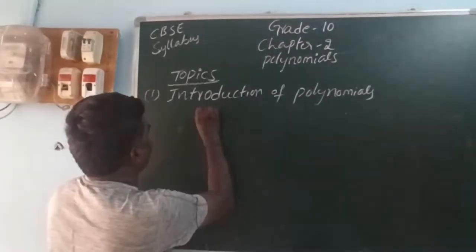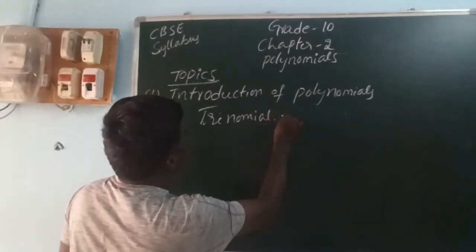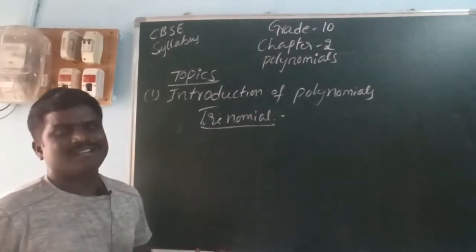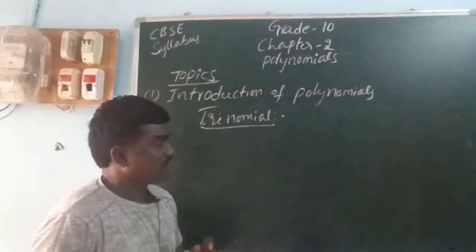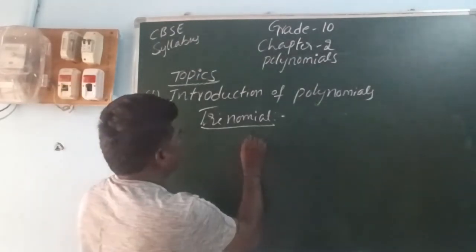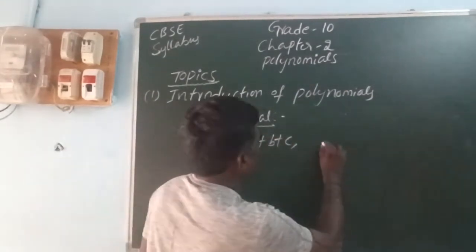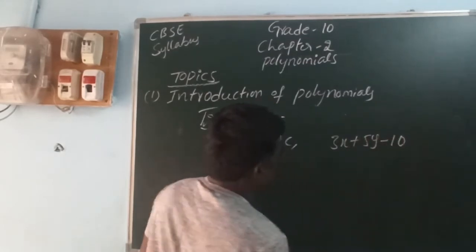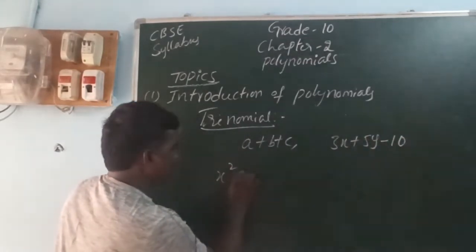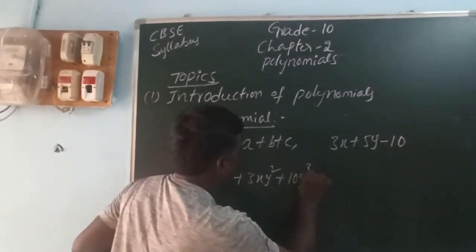Next, trinomial. Trinomial means what? A polynomial having three terms is called a trinomial. For example, a plus b plus c. Next, 3x plus 5y minus 10. Next, x square plus 3xy square plus 10y cube z.